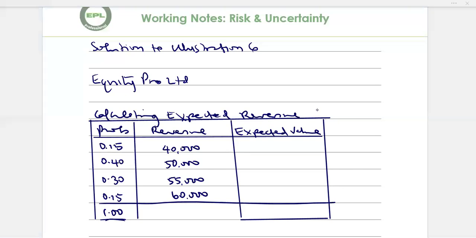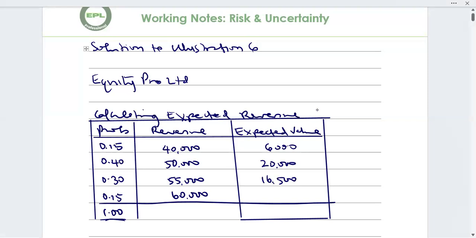So to get the expected value, I need to get 15% of 40,000. That's 6,000. 40% of 50,000, 20,000. 30% of 55,000, 16,500.